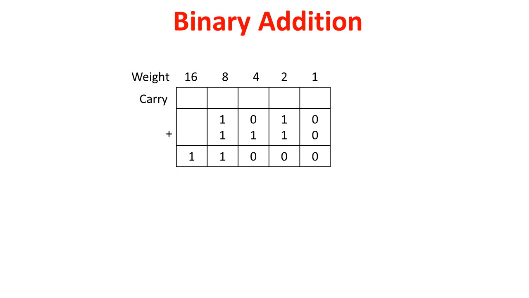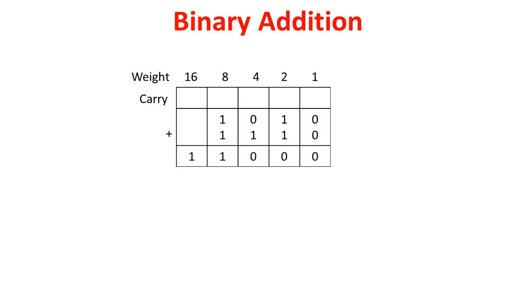We will calculate column-wise from the right-hand side. We have also seen the weights: starting from 1 at the rightmost column, then 2, then 4, then 8, and after that 16.